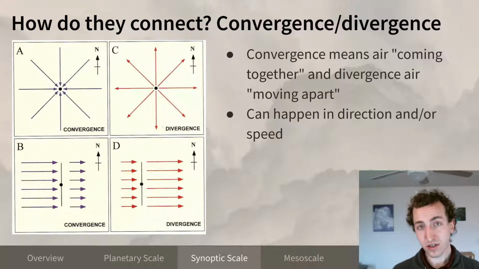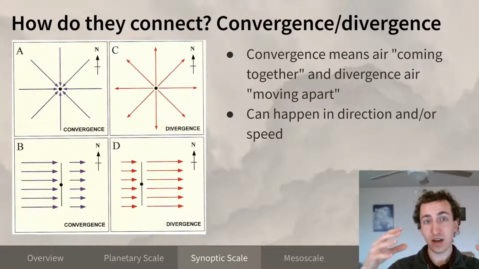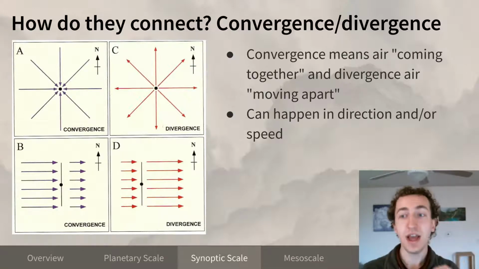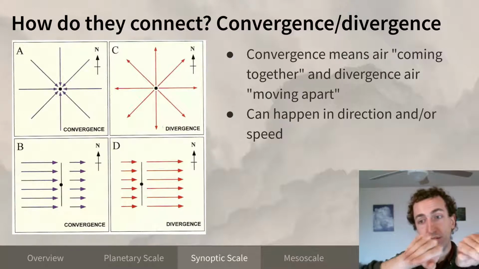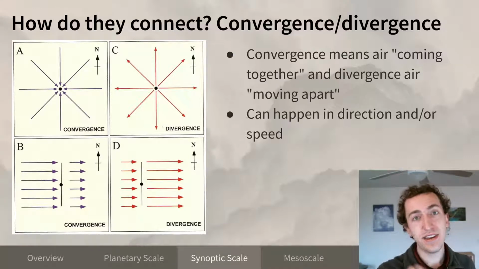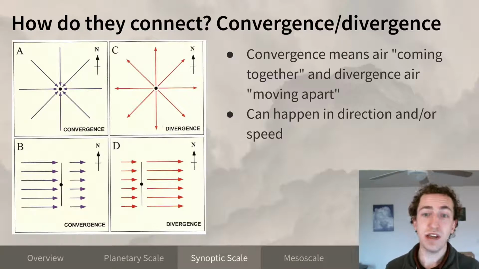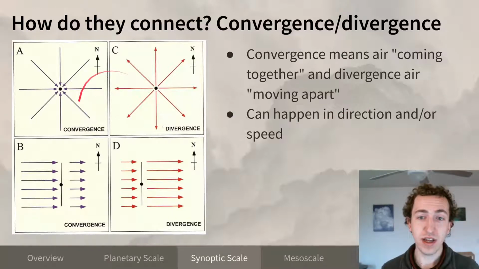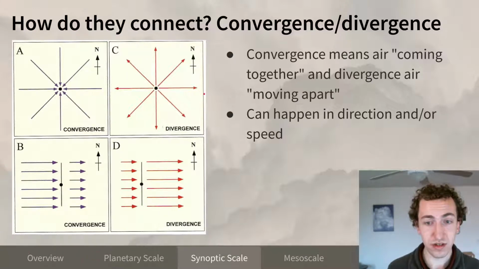Convergence refers to air that comes together, and divergence is air that moves apart. This can happen in fluids in two main ways, either due to direction, as illustrated up here, where flow of the same speed comes in from all different directions, coming together for convergence, or moving apart for divergence.